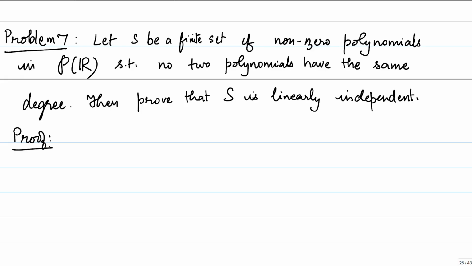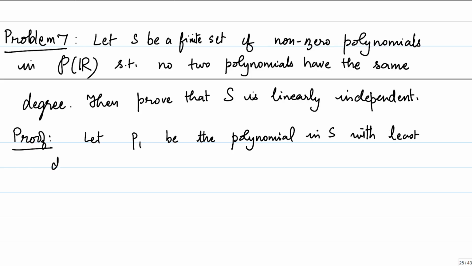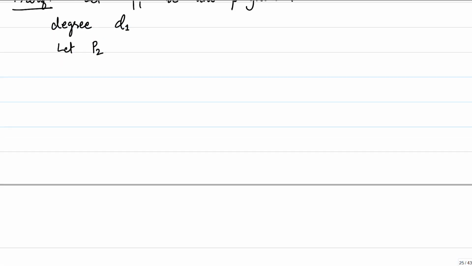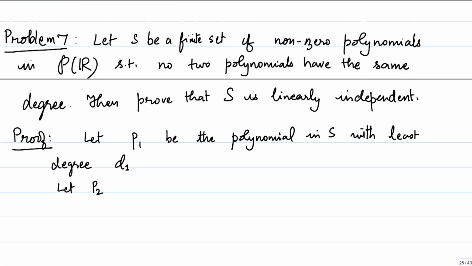So, we know that S is a finite set which has distinct degrees, right. So, what we will do is we will pick the polynomial in S which has the least degree. So, let P1 be the polynomial in S with least degree. Let us say it is D1. P2 similarly be the polynomial which has least degree, however greater than D1. We know that least degree is D1.